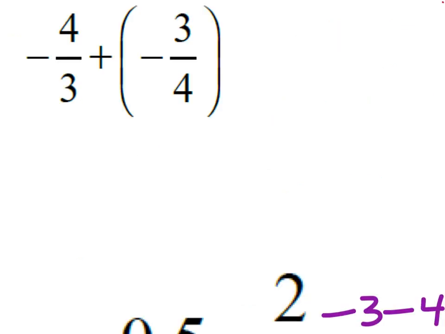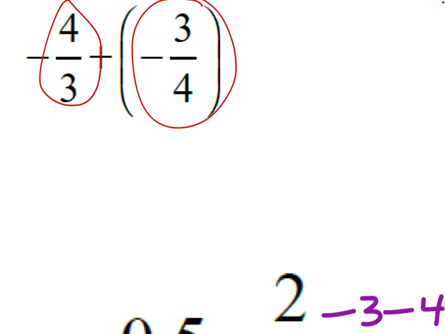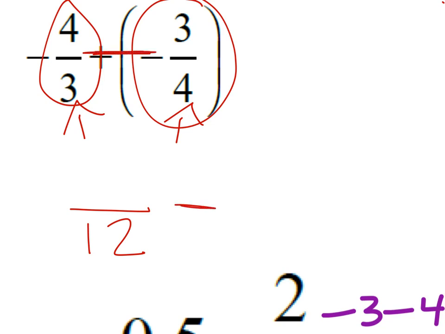Okay, so the first thing you do is you want to turn these two numbers into the same denominators. So you're going to turn them into 12 because that's the closest thing. And this just turns into a big fat negative, so -12.